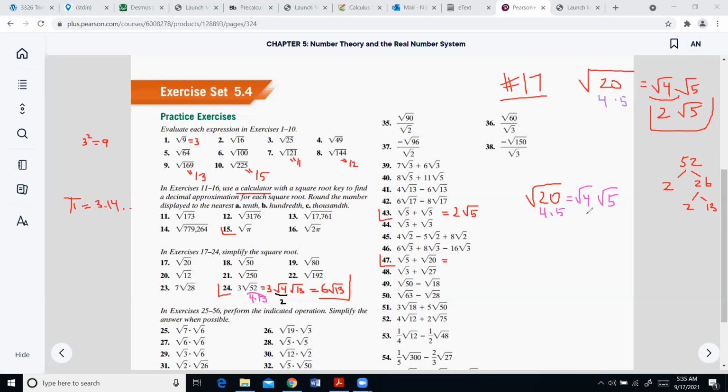And instead of radical 4, I have 2 square roots of 5. And please notice that's just what I need in this exercise, because I already have square root of 5 that I add with the 2 square roots of 5 that I replace my number 20 with. So how many square roots of 5 do I get? 3 of them, 1 and 2 more will be 3.